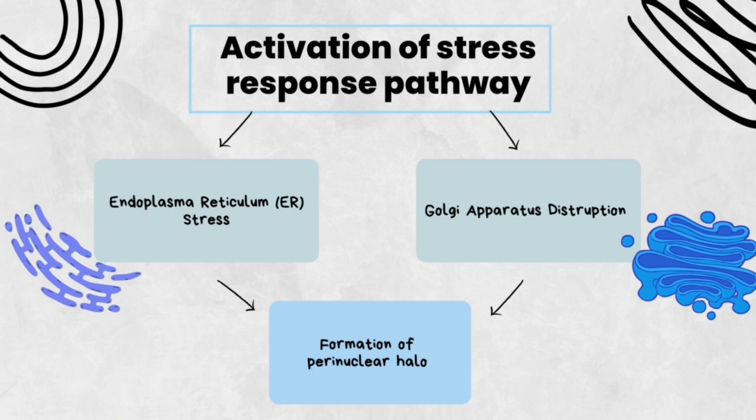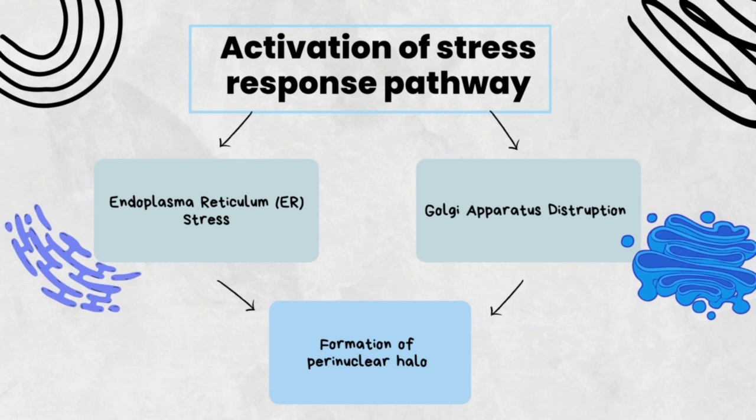During ER stress, the UPR can change nuclear shape, size, and chromatin organization, potentially resulting in a perinuclear halo. Severe or prolonged ER stress can trigger apoptosis, leading to nuclear fragmentation and the formation of apoptotic bodies. These changes, together with altered chromatin organization, can contribute to perinuclear halo formation.